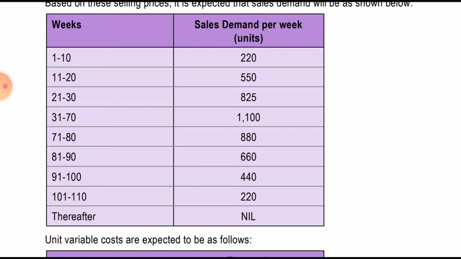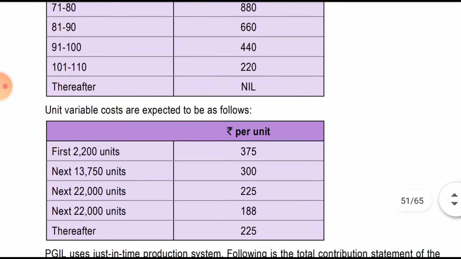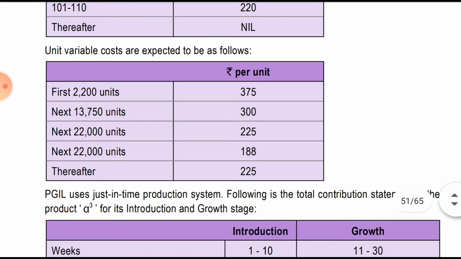So combining these two stages, that is 11 to 20 and 21 to 30, the cost is the same for both. For both the 10-week periods, the cost is 300. Then for the next 22,000 it is 225, and for the next 22,000 it is 180. So the cost is also reducing because of the learning curve effect, because the supplier is providing at a lower cost, economies of scale, and all.